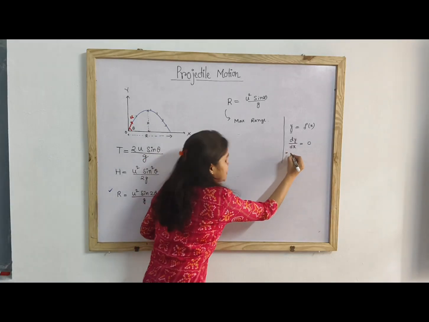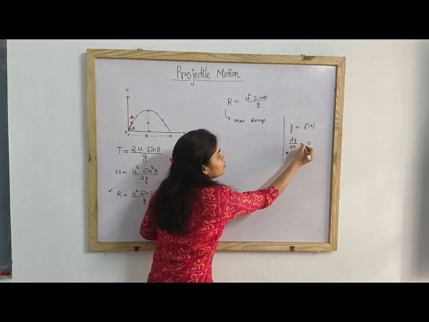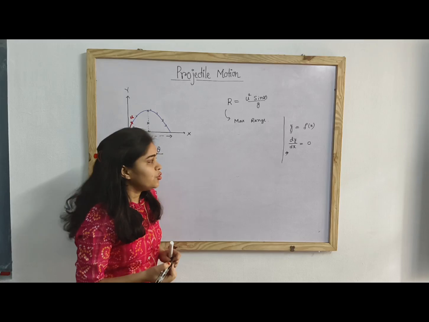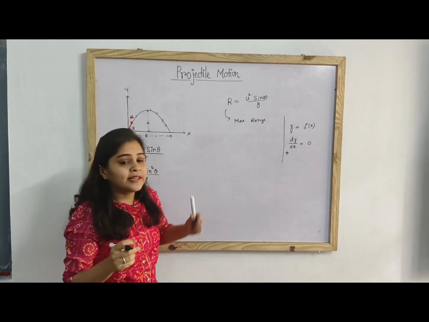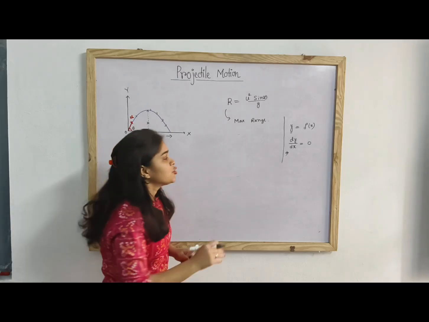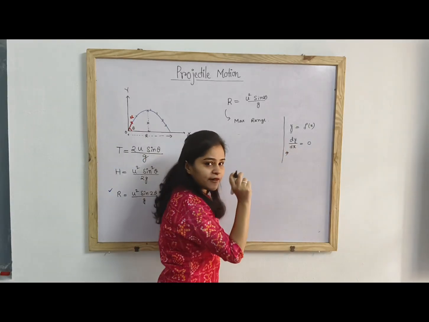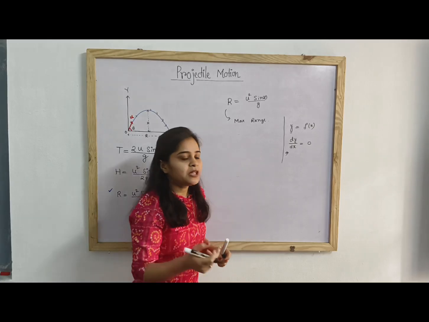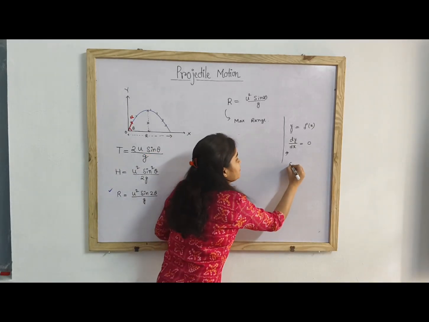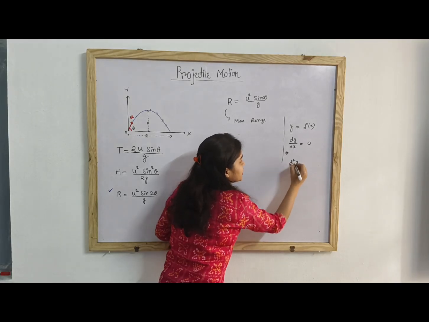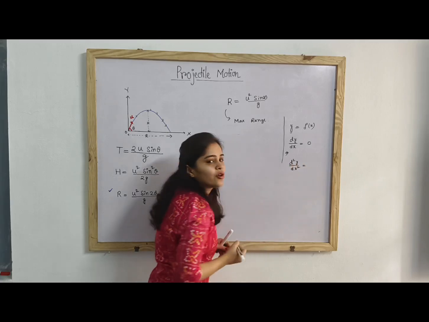That means by setting the first order derivative equal to 0, we can get the value of that particular x for which y is maximum or minimum. Whether it is a maximum or a minimum, you can find by differentiating again, that means by getting the second order derivative.